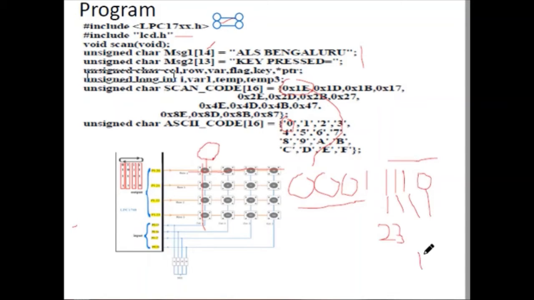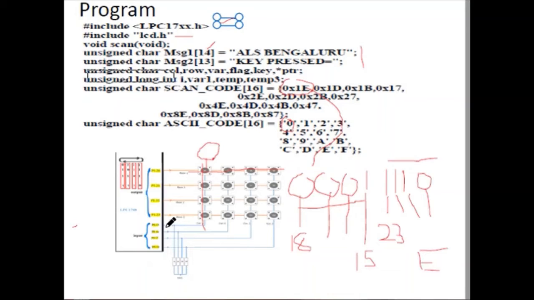So this turns out to be the value E. And if you check the other side, here we have the values related to the port bit numbers: 18, this one, next 17, 16, and this is 15.